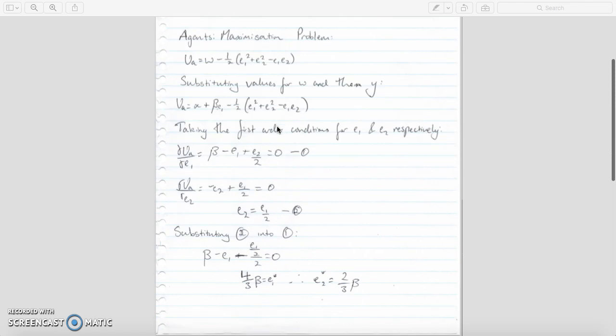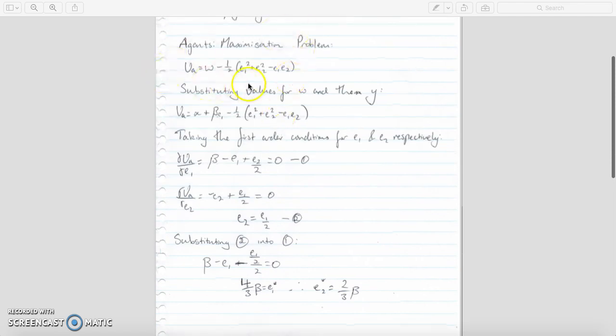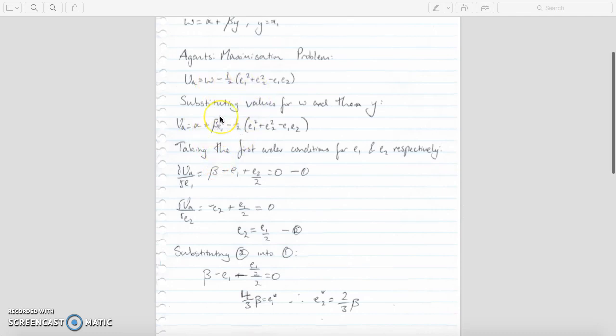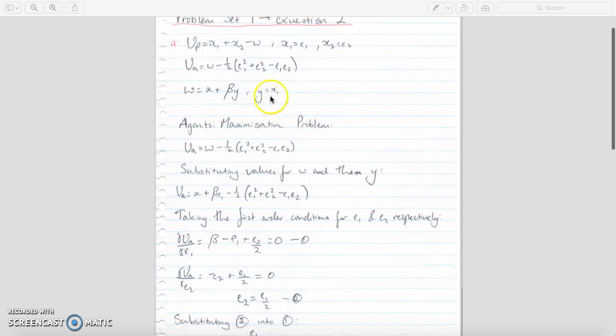So we first set up the agent's maximization problem here. So we have his utility given by w minus half e1 squared plus e2 squared minus e1 times e2. And we know the equation for w, which is alpha plus beta times e1. Now we get e1 from the fact that y equals x1 and x1 equals e1.